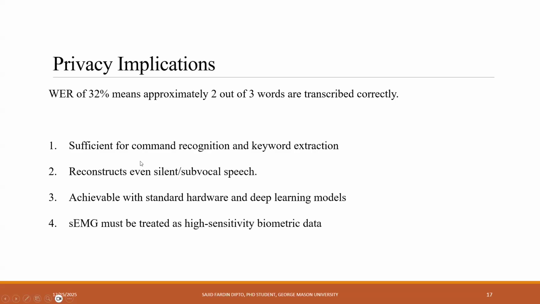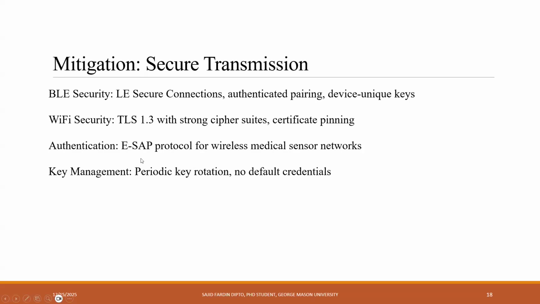So there are some mitigations suggested by the research. As we see, the EMG data can be transferred through Bluetooth or Wi-Fi. So for Bluetooth Low Energy connections, the system can use LE Secure Connections with authenticated pairing.